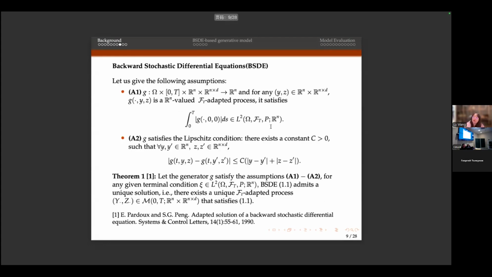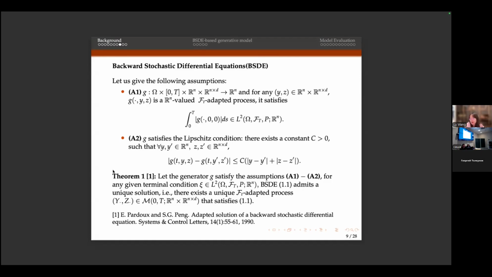We now continue to outline the most classical result of BSDEs, that is, the key assumptions and the fundamental existence and uniqueness theorem for BSDEs. Assumption A1 ensures that the generator function g is well behaved in the L2 space, and assumption A2 is a Lipschitz condition.